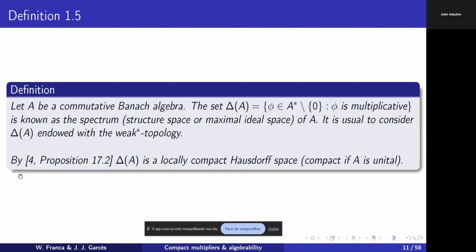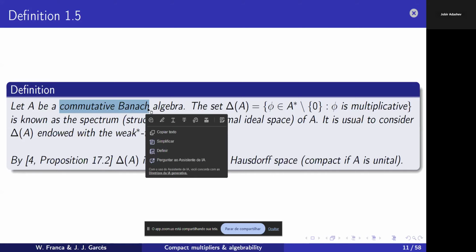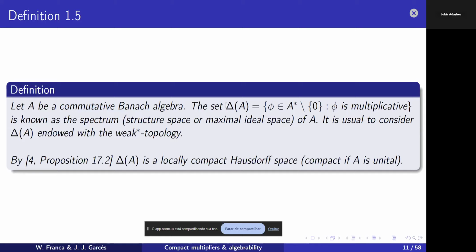One point to note is the following. If you remove commutativity here, there are examples where this set is actually empty. So for commutative Banach algebras, we can always assume that this set is not empty. That's one thing that's important to mention.